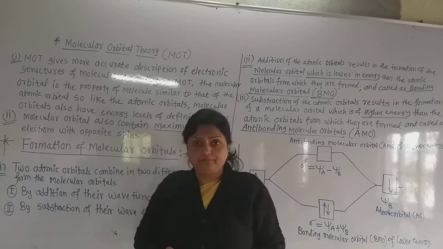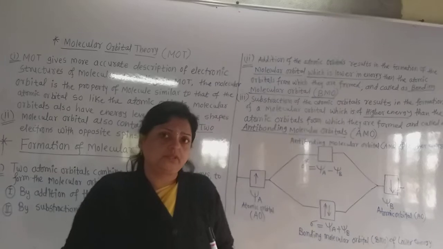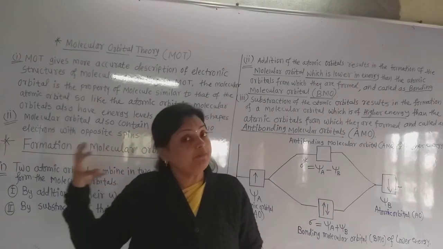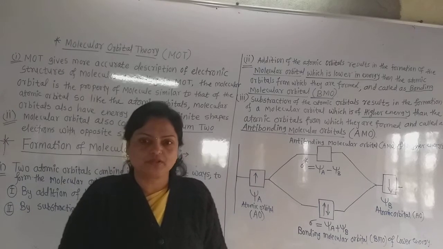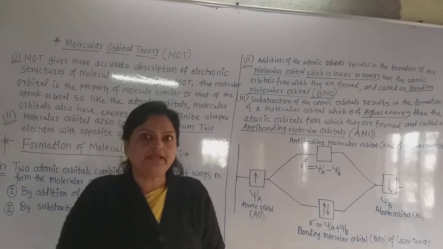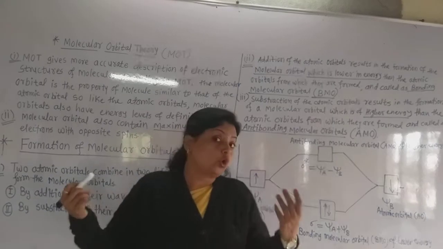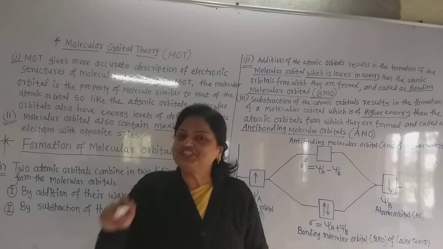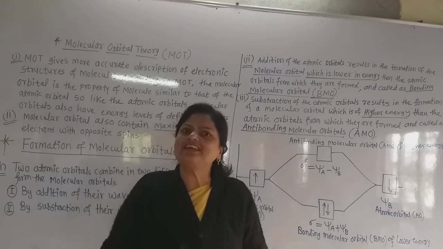If we add the wave functions, then the bonding molecular orbitals are formed. Bonding molecular orbitals have lower energy, and in chemistry, if the energy is lower, the stability is higher.